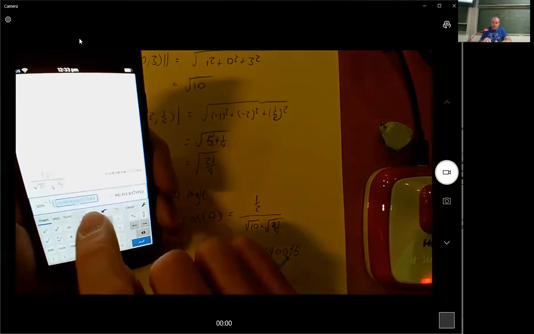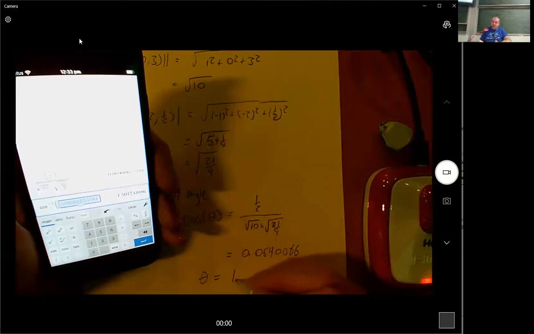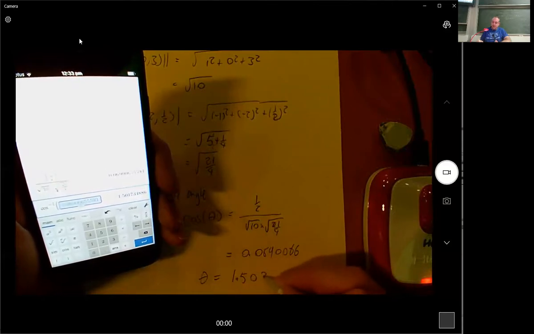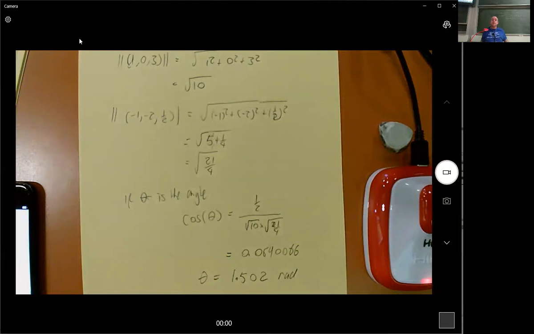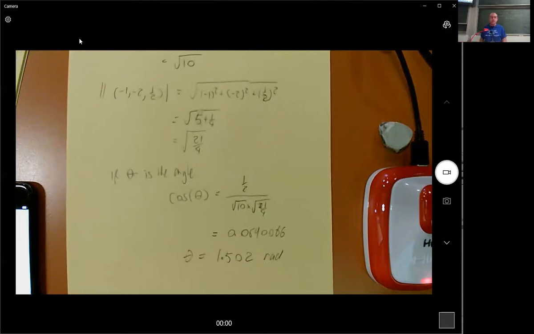86 degrees. Oh, they want them in radians, don't they? 1.502 radians. Yay. Okay. I mean, which is about 86 degrees, but they prefer it in radians in Maths 1M, I'm pretty sure. If you write a number down and don't say whether it's radians or degrees, they're going to assume you mean radians.